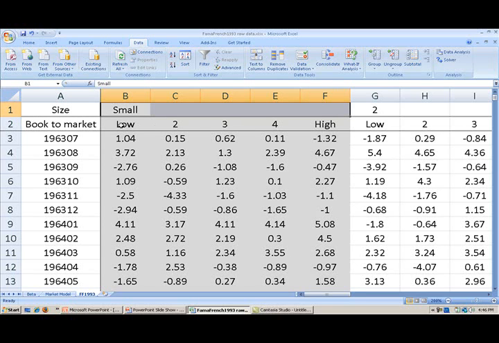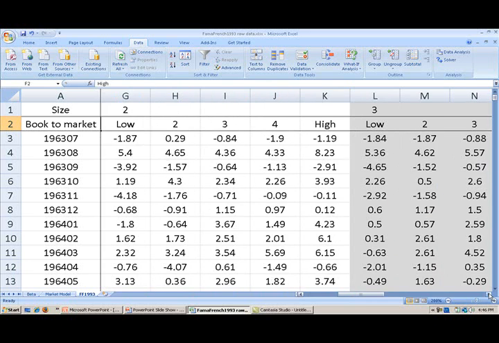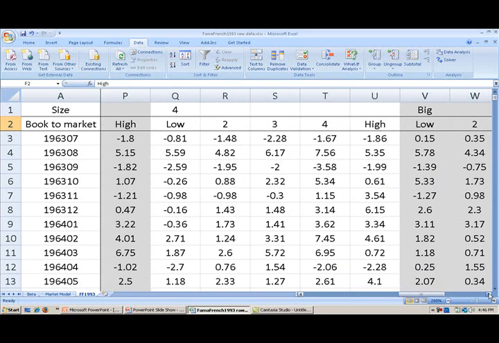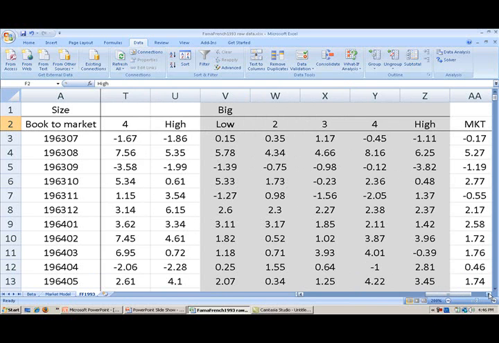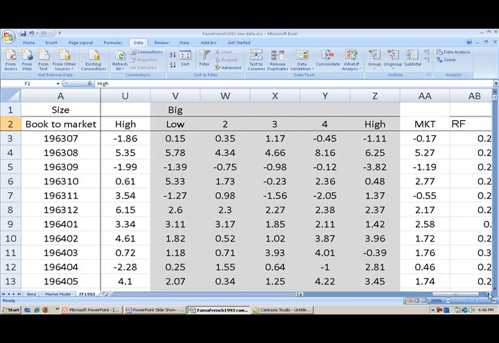And then in the second row we're told that within these small firms we've calculated which ones have low book to market, medium book to market and high book to market ratios. And we've done the same for all different sized firms. And we have 25 portfolios.